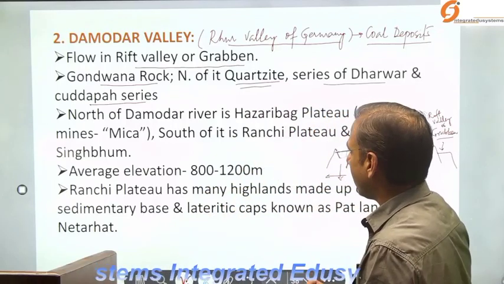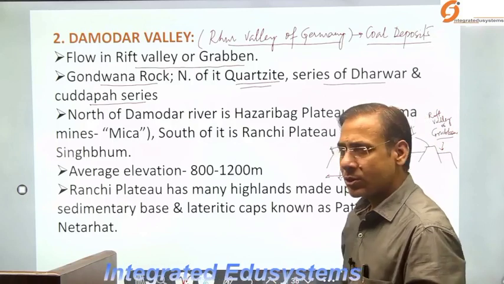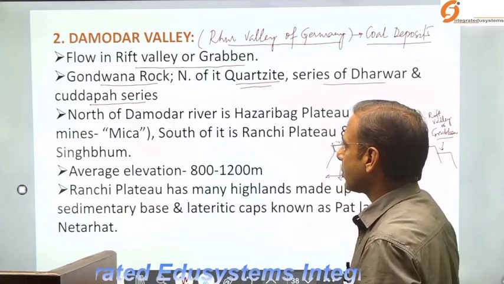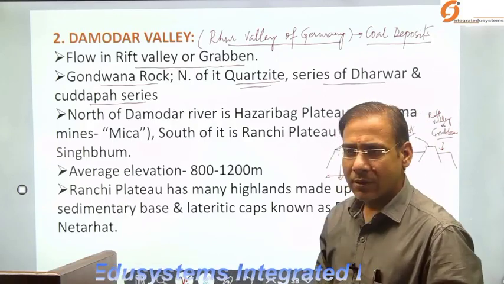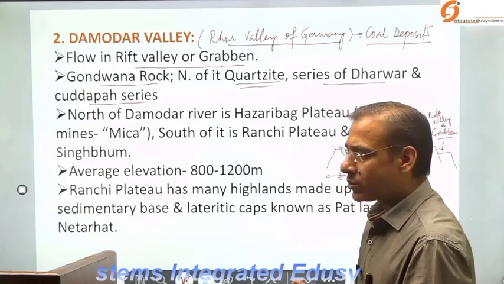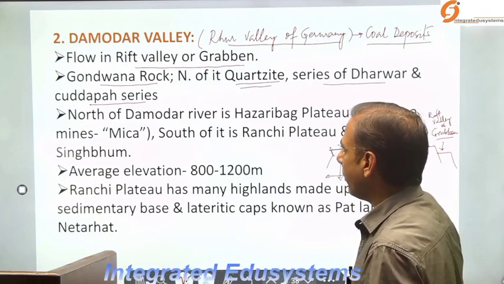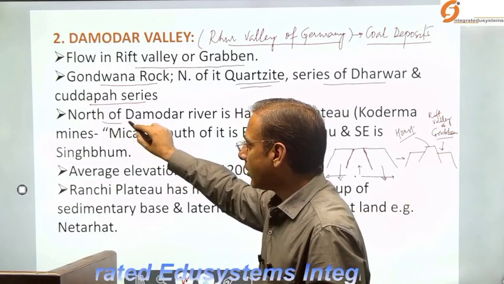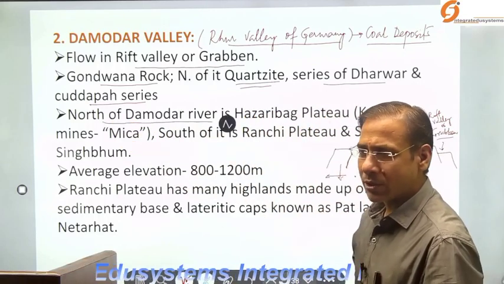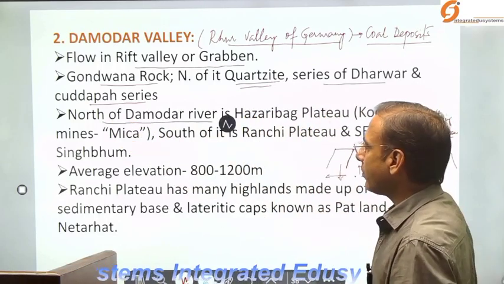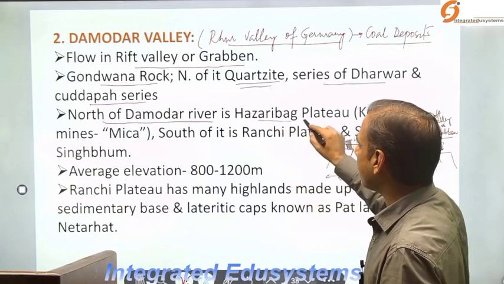Now, as you know, Damodar is a peninsular river. Okay, so basically fed by the rainfall. इसका source क्या है? Rainfall है. Now, north of Damodar river, when you look at the Damodar location on the map, north of Damodar is Hazaribagh Plateau.